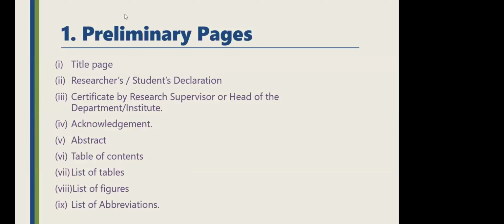Next is the researcher's or the student's declaration page. In this page, a statement by the researcher declares that the work done by him is original and it is not plagiarized. So you are mentioning in that declaration page that the work is done by his own and not copied from any other research.